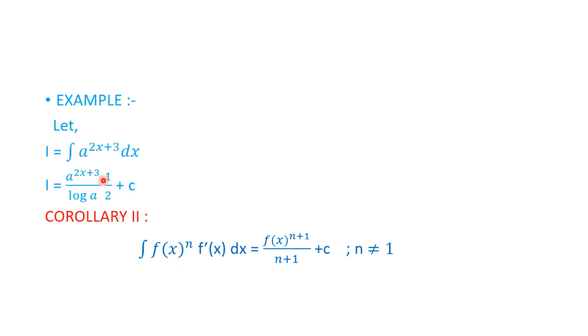And we can give the reference of the integral, that is integration of a raised to x dx is equal to a raised to x upon log a plus c.